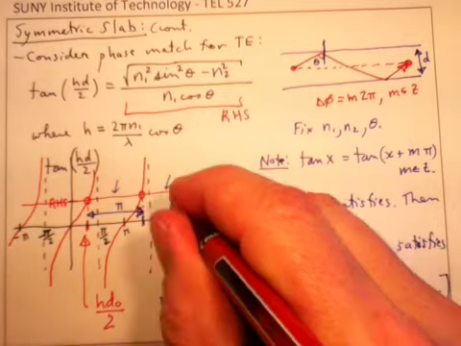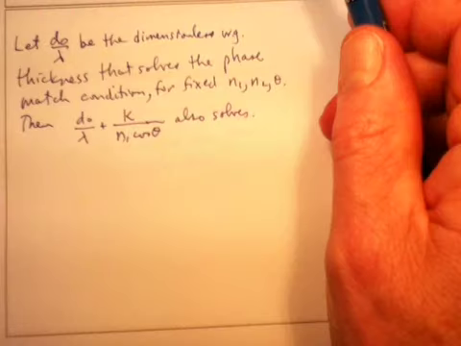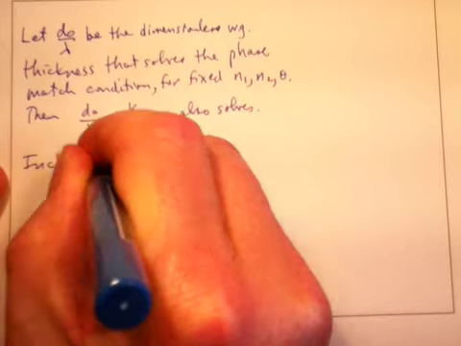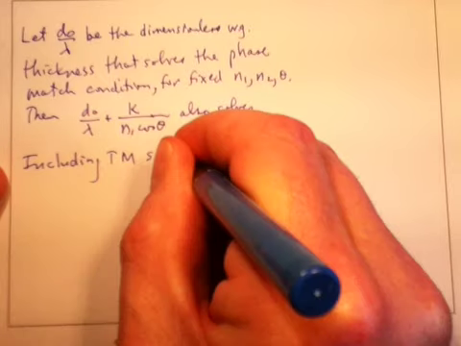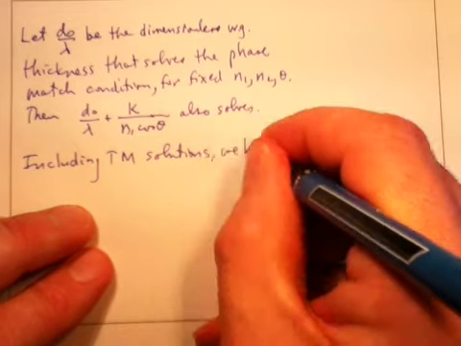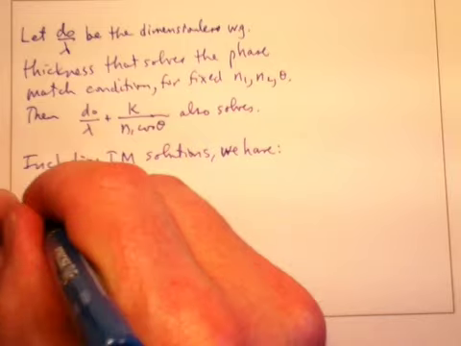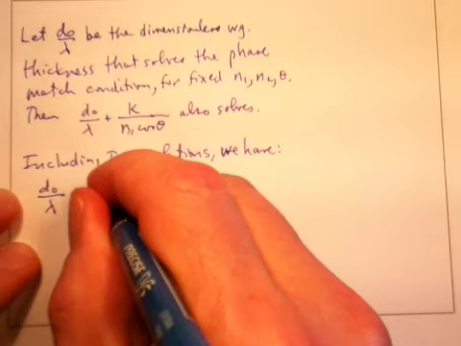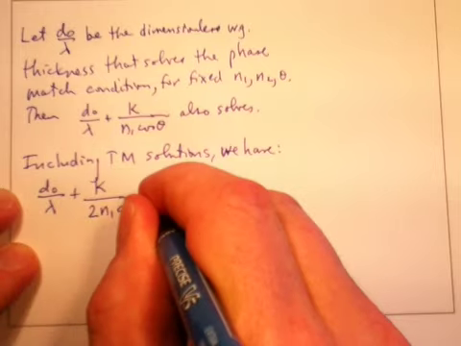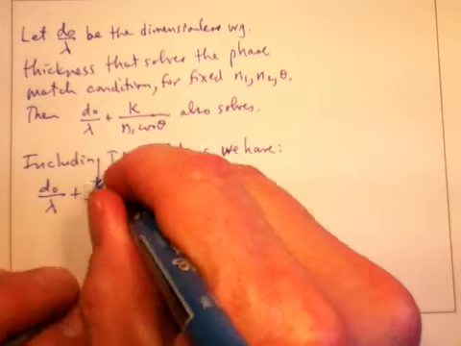So including TM solutions, we have d naught by lambda plus k all over 2 n1 cosine theta. And now instead of calling that k, I'm going to call it m, where m is an integer.